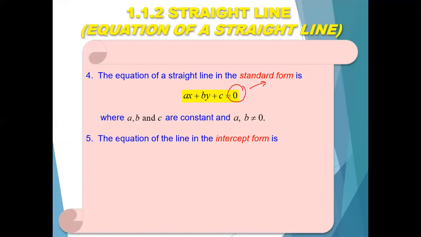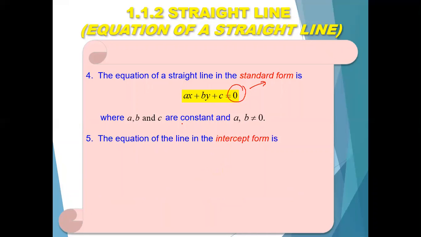And then we also have the equation of a line in the intercept form. So intercept form maksudnya akan melibatkan intercept lah, persilangan. Given by x over a plus y over b is equal to 1, where a is the x-intercept and b is the y-intercept.